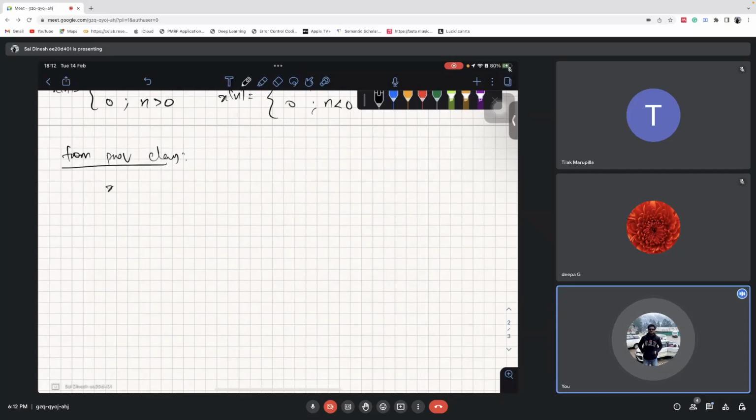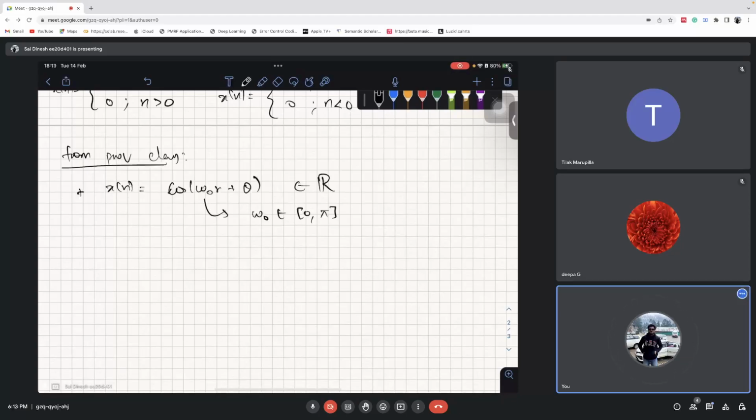For example, if we have a signal x of n which is cos of omega naught n plus theta, which is a real signal, then omega naught can simply be in the range of 0 to pi. Any value of omega naught can be brought to 0 and pi.